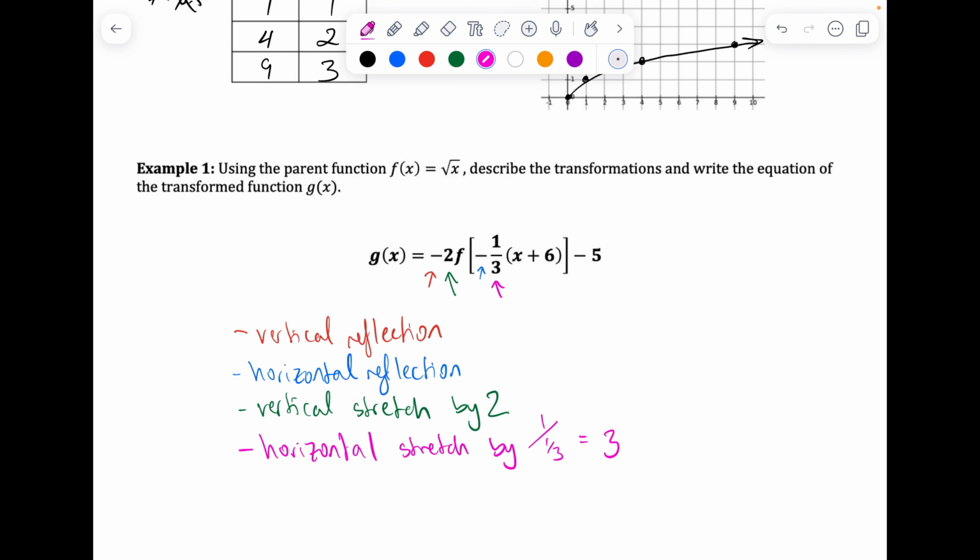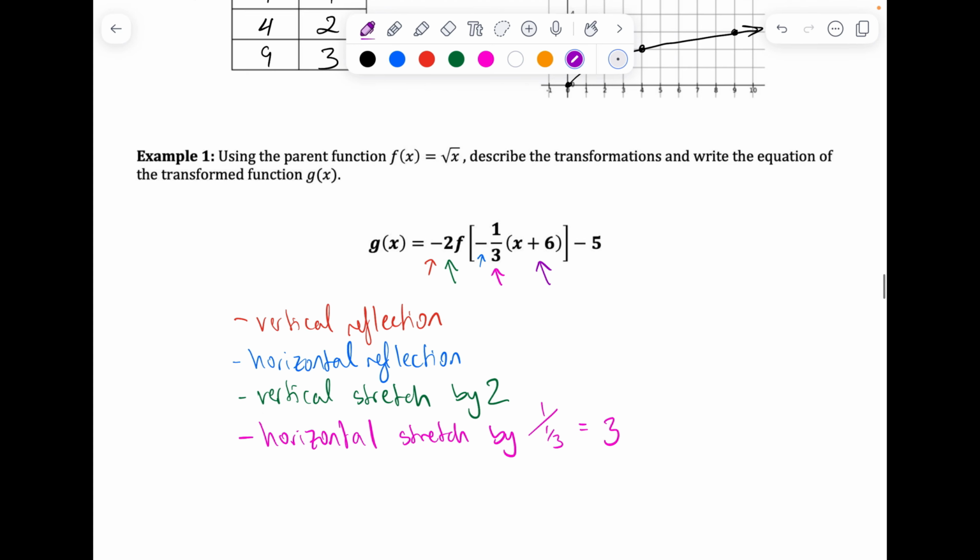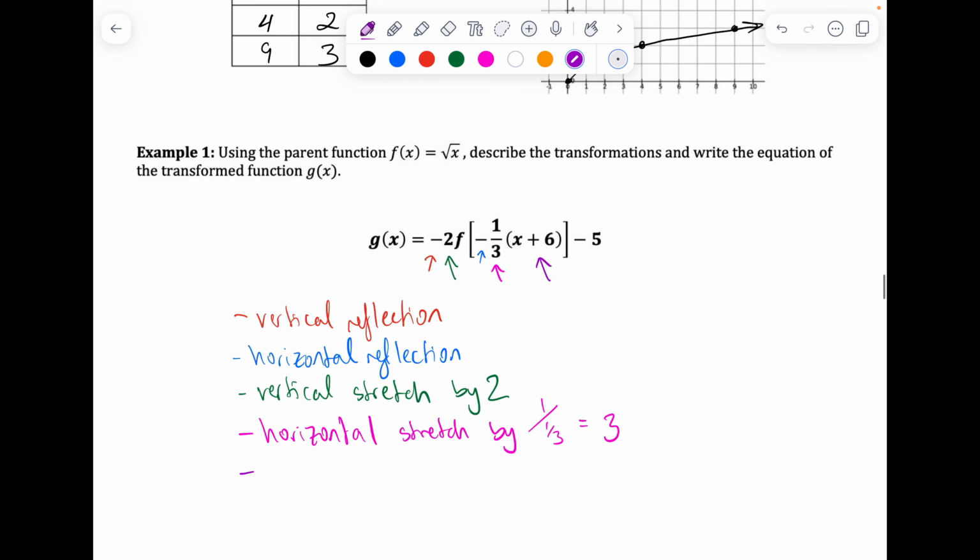Okay, and let's look at the last things, the translations. So inside the bracket, the x plus 6 means, so first we know it's horizontal because it's happening to the x. It's a translation because it's adding or subtracting.